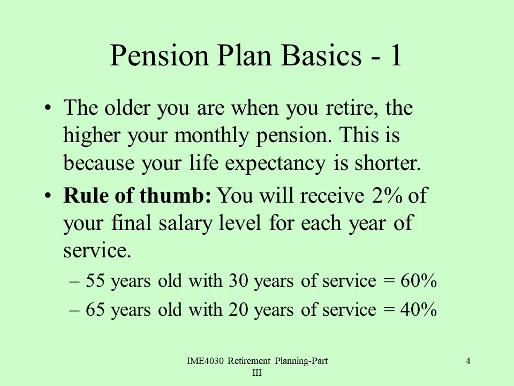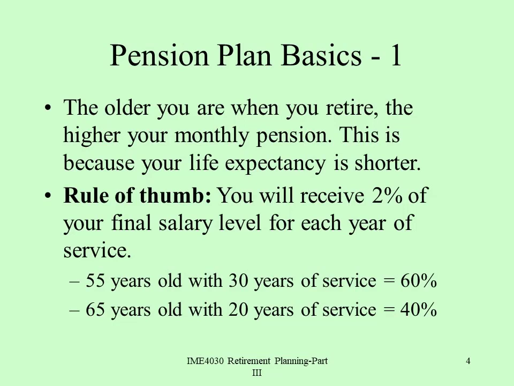But a rule of thumb, if you don't have anything else to work with, would be something like this: you'll receive 2% of your final salary level for each year of service. So let's say that you're 55 years old and you've had 30 years of service with the company. Then they would take 30 times 2%, and that's 60%.